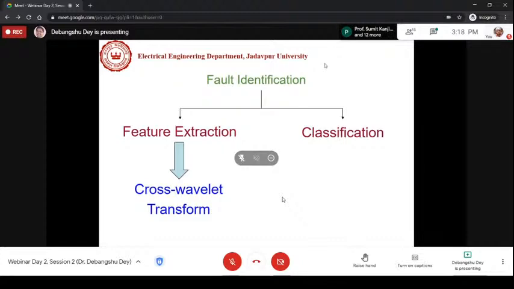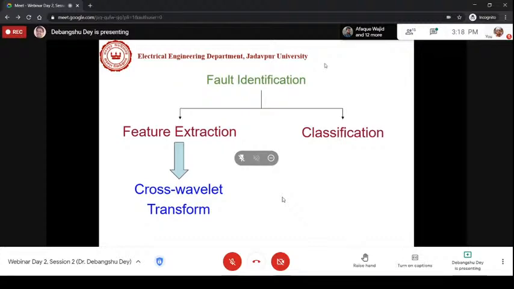If we perform the cross-wavelet transform, the effect of noise will be minimized, so we do not require a separate denoising scheme. The cross-wavelet transform can act as a tool to reduce some amount of random noise. That is a helpful tool, and that is the logic for using it.